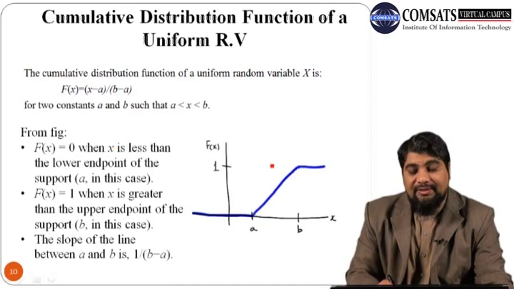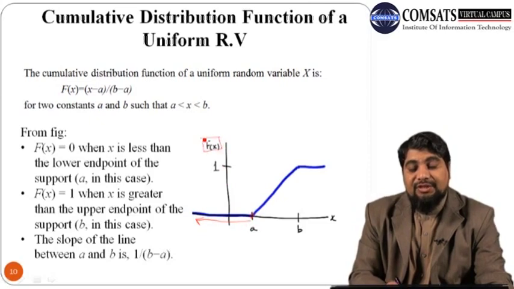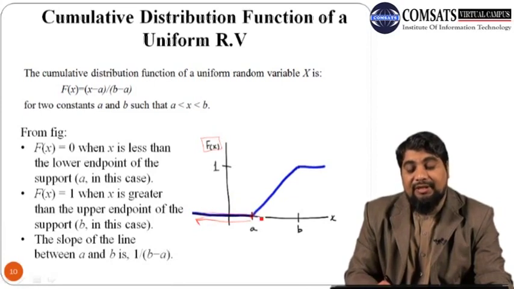You can see that whenever x lies to the left of A, the distribution function takes value 0. But when x lies from A to B, the distribution function shows an increasing pattern and goes up to 1.